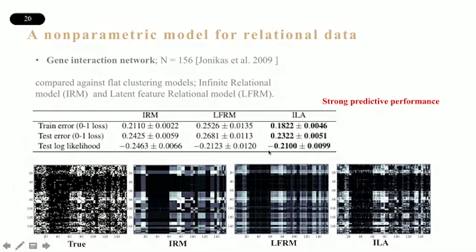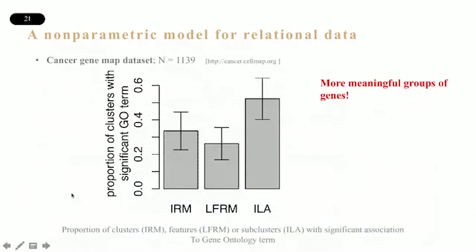What we found is that our model, in the last column of the table, does significantly better in train and test error and log likelihood. This is also indicated by the reconstruction of the links for the 3 models: our model is closer to the true representation of the links, and you see here that it captures more of the noisy links.